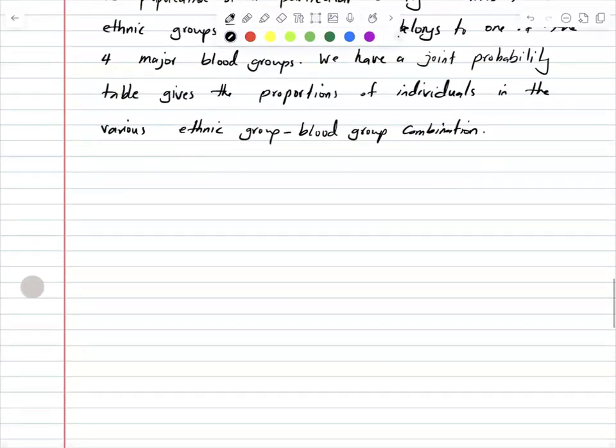So let us take a look at this table. You have the blood group located on top, and then ethnic group down here. So ethnic group 1, ethnic group 2, ethnic group 3, and then blood type O, A, B, and AB. So please note that here we have the proportions.